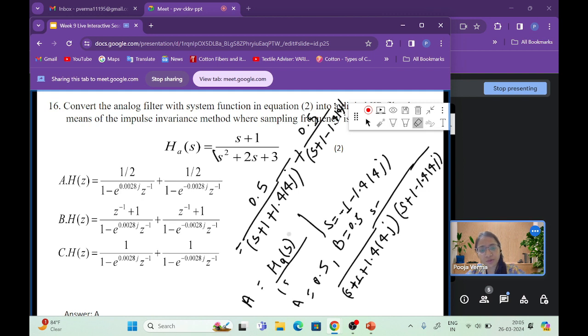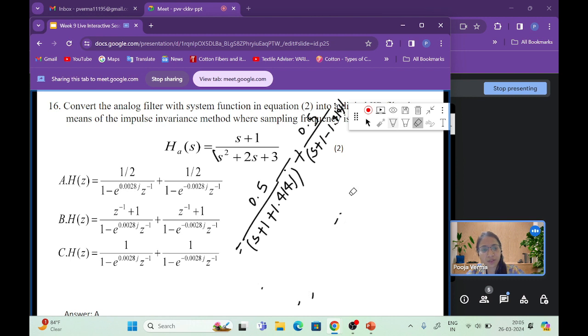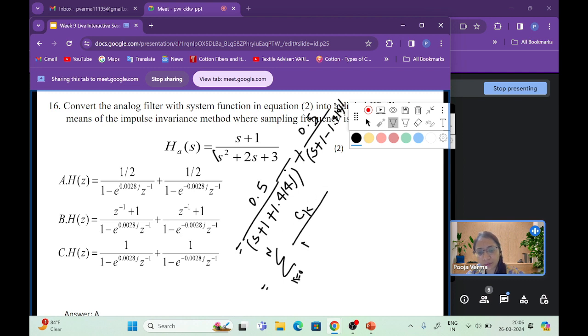Now we need to find the value of omega t. You know how the impulse invariance method works: it is in the form of the summation from k equal to 1 to n of ck divided by 1 minus e to the power minus pk t, z inverse, where pk are the poles. Now we have to put it in that form.